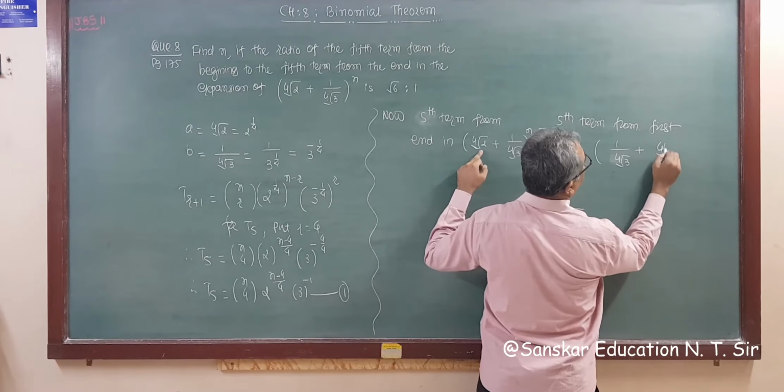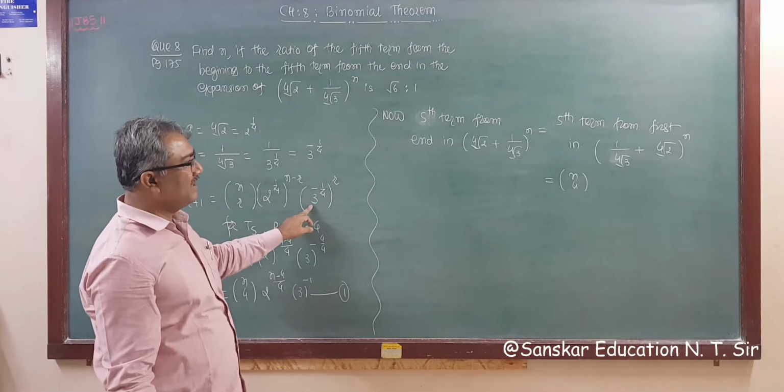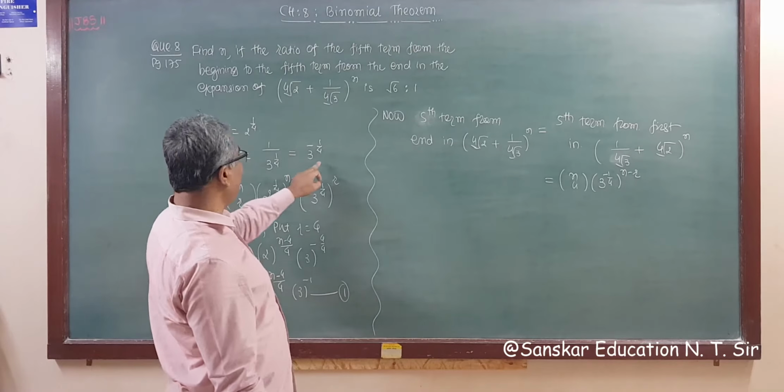So this is equal to, what we get, nC4. Now A is our 3 raised to minus 1 upon 4. So this is (3 raised to minus 1 upon 4) whole raised to n minus r. A is 3 raised to minus 1 upon 4, this is our A, right?